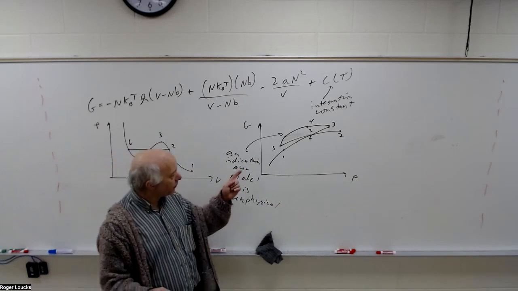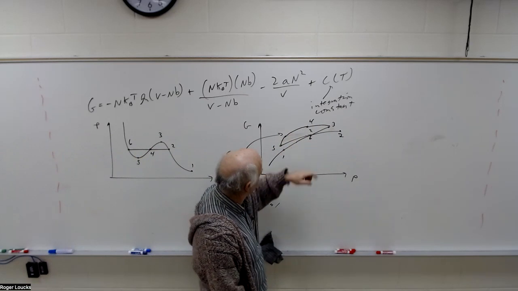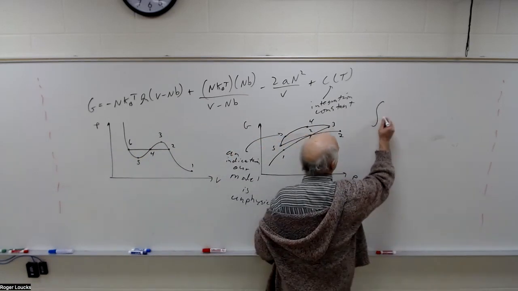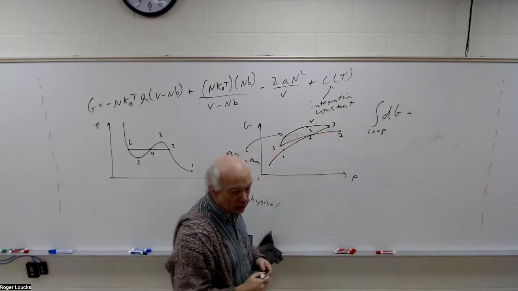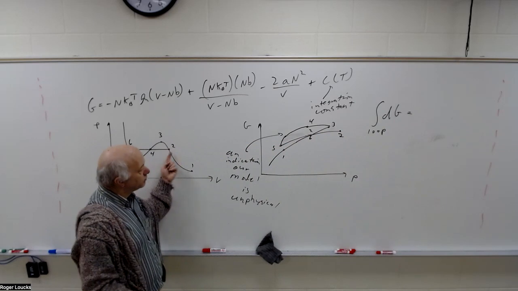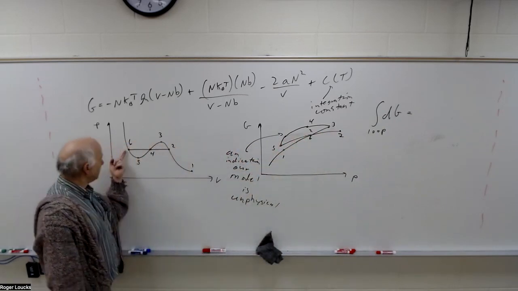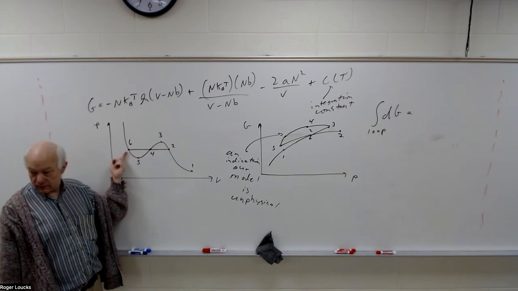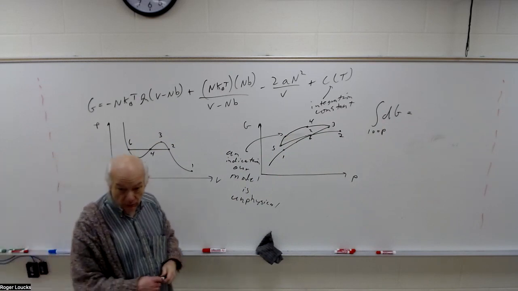But now what happens here is if you go around this whole loop here, boom, boom, boom around this whole loop, what's the change in G? At point 2, you're here. You go around the loop. As you get back here, what are you back at? The same value of G. So the integral of dG around that loop gives you what? Gives you 0.